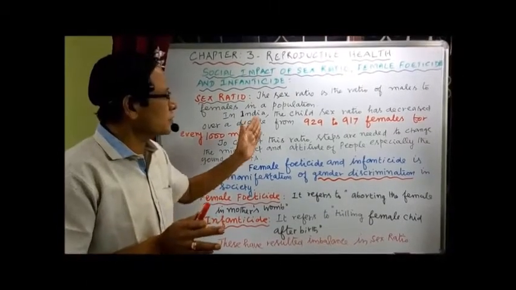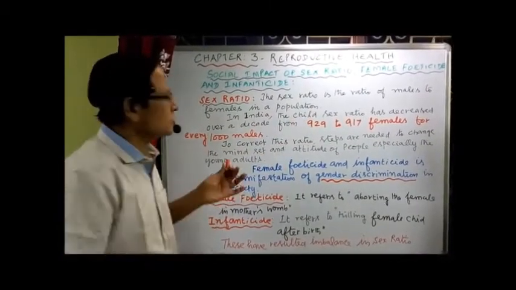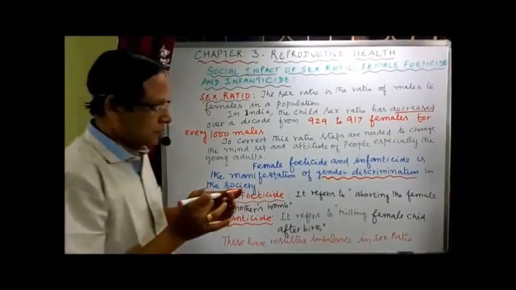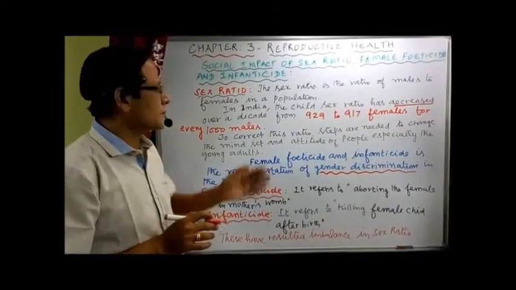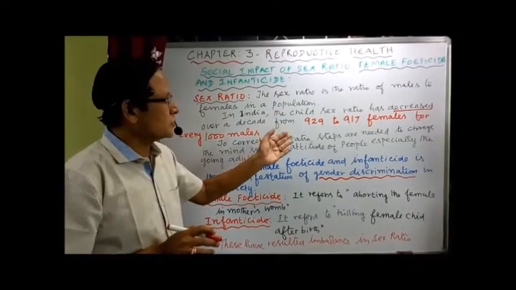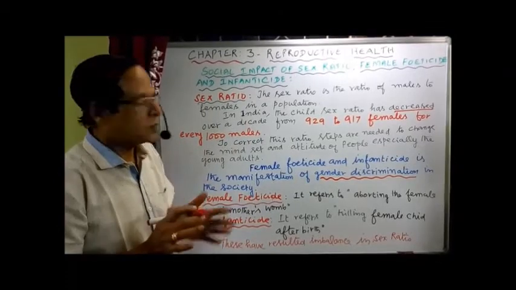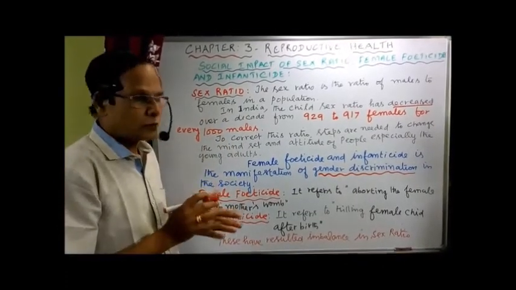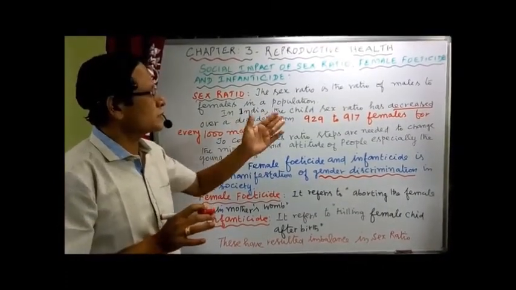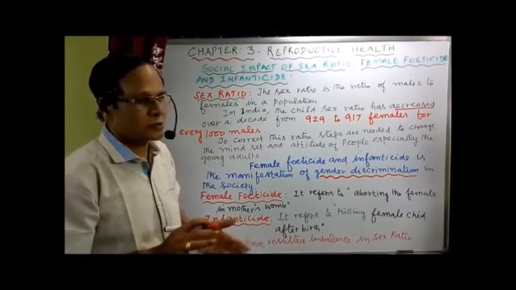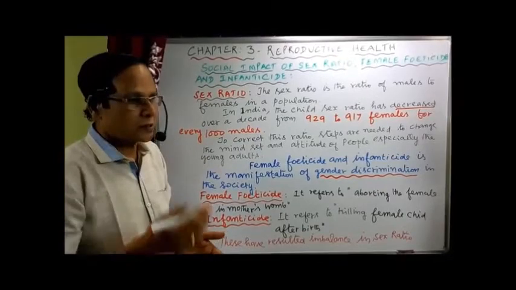The sex ratio between male and female has decreased over a decade. Out of 1000 males, we have 929 to 917 females. That is a decrease from 929 to 917, and it is still decreasing.